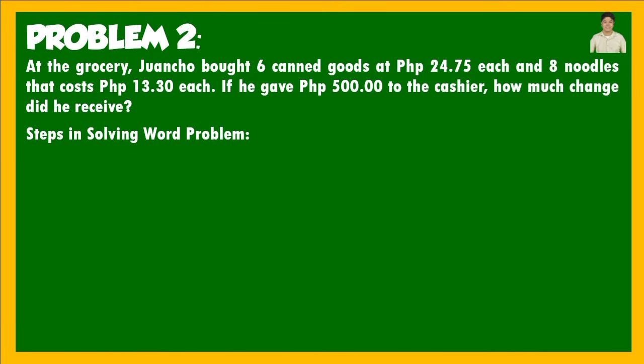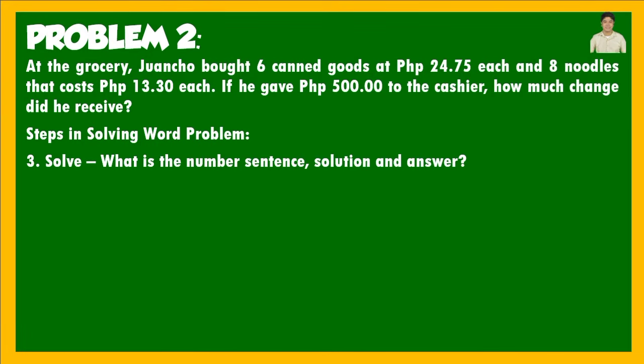So, for our third step, we have the number sentence, solution, and answer. So, yung ating number sentence, ganito po siya isusulat. So, una muna nating isulat is yung 500 pesos. Minus yung sum ng product ng canned goods tsaka noodles.